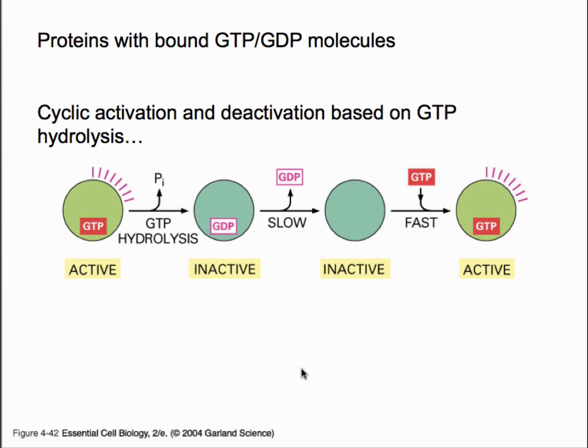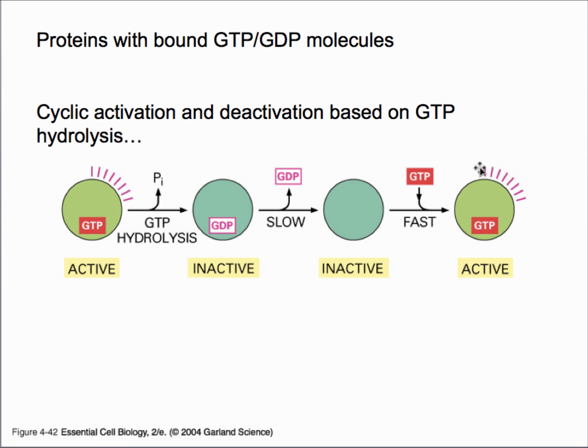The only mechanism by which this protein can become reactivated is to replace the GDP molecule with a fresh GTP molecule. And this is done by disassociating the GDP from its surface and releasing that into the environment, and then acquiring a fresh GTP molecule which reactivates the protein to the on configuration.